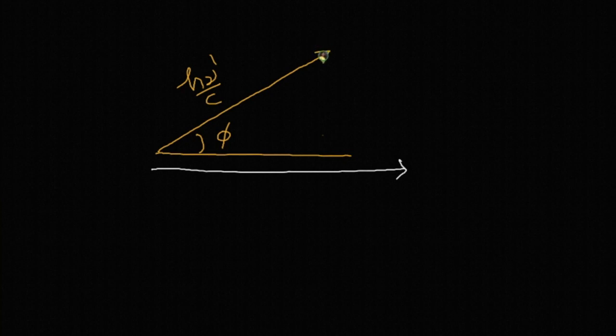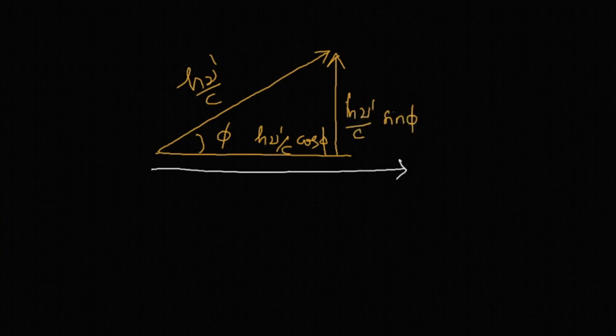Resolving this into components, we can write the horizontal component to be h nu prime by c cos phi along the phi direction, and the perpendicular component will be given by h nu prime by c sin phi. Okay, so I think that's clear. We have resolved the components of the momenta both in the perpendicular and the parallel direction.